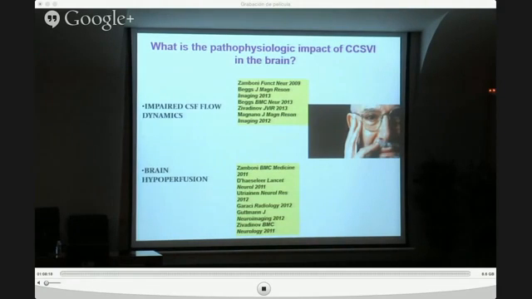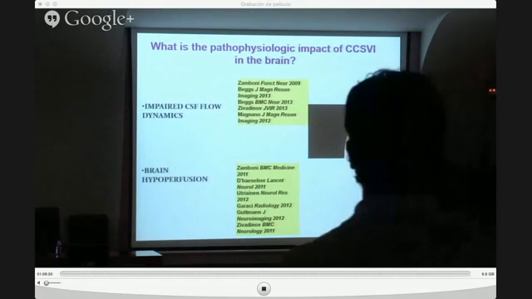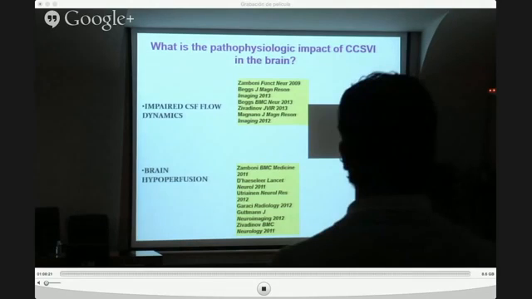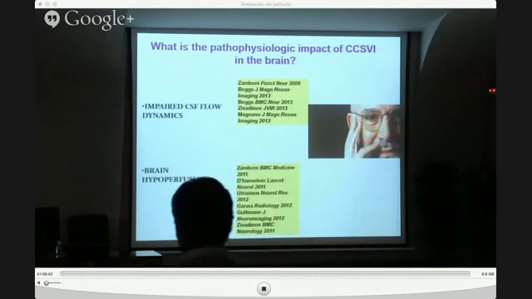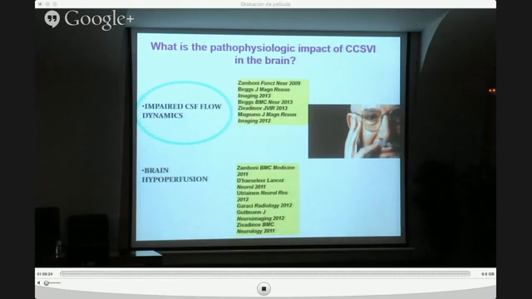What we know is that CCSVI impacts the pathophysiology of the brain, especially in two aspects. The first one is impaired CSF flow dynamics, and the second one is brain hypoperfusion.